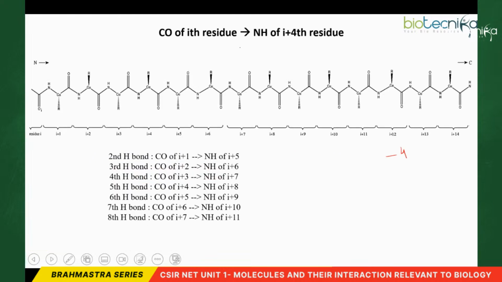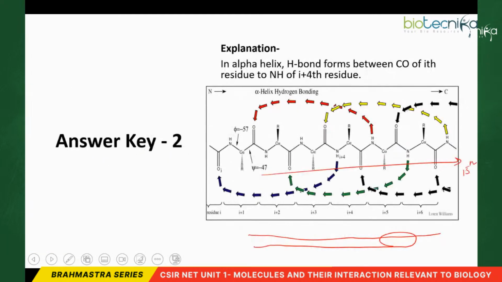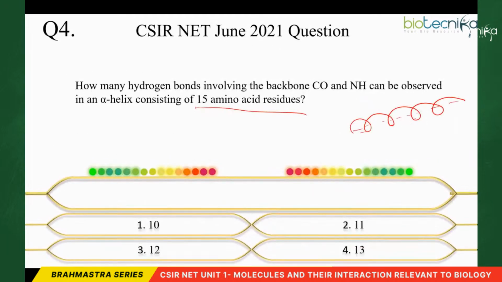The best trick is that you have to subtract 4 from whatever is given. So for example, here they have given a 15 amino acid residue. That means 1 to 4 it will be half, so 4 halves is 2. Then 12 to 15 will again be 2, and 5 to 11 will be 7.